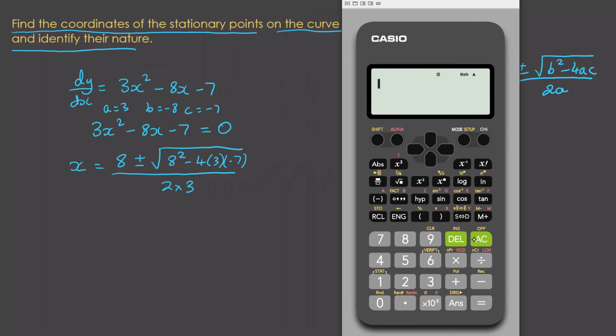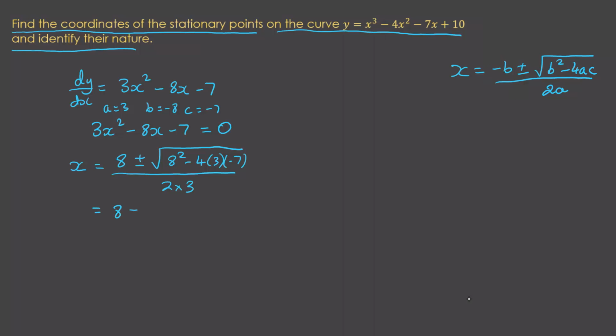Okay, so first thing I normally do is the bit under the square root. So 8 squared take away 4 times 3 times negative 7 is 148. So I've got 8 plus or minus the square root of 148 over 6.